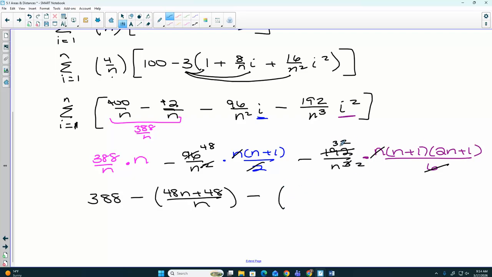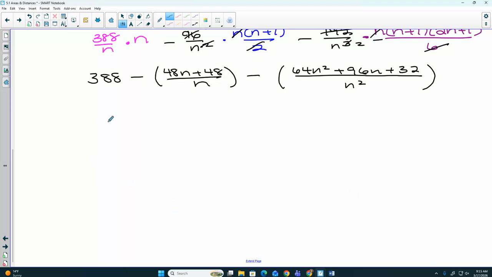So if I FOIL and distribute, distribute the negative and divide by n.